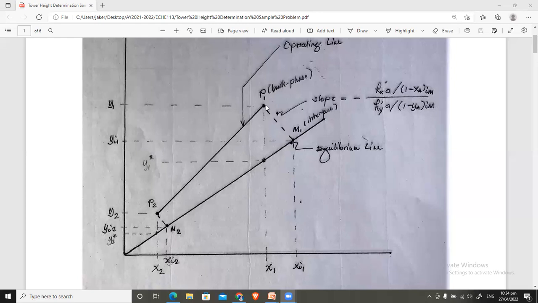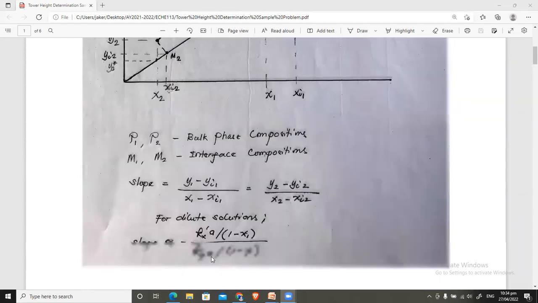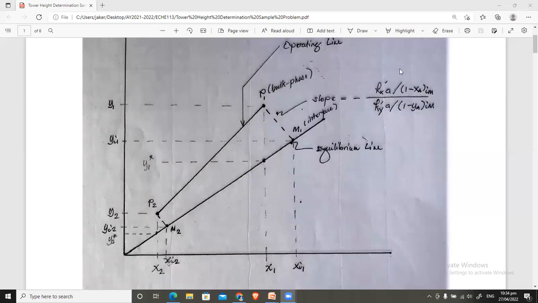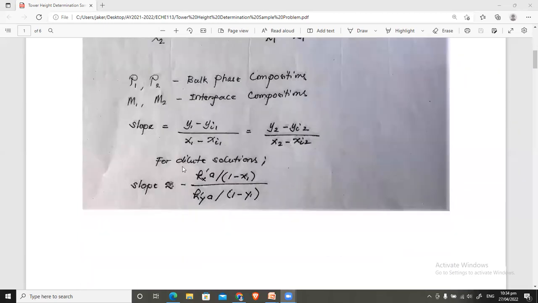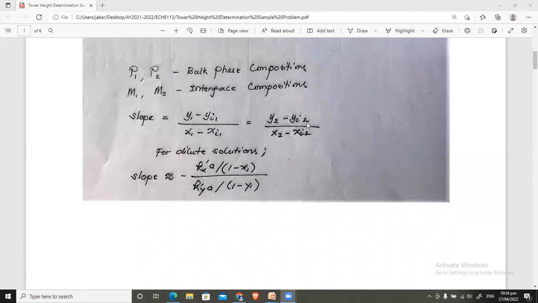Now the slope of the line connecting P1 and M1, P2 and M2, as written here, will also be equated to these two equations. Okay, y1 minus yi1 over x1 minus xi1.